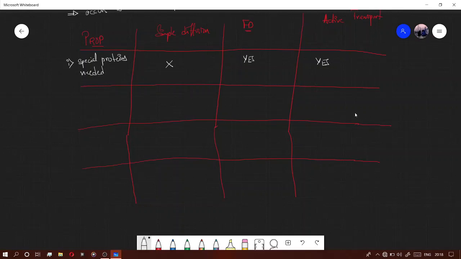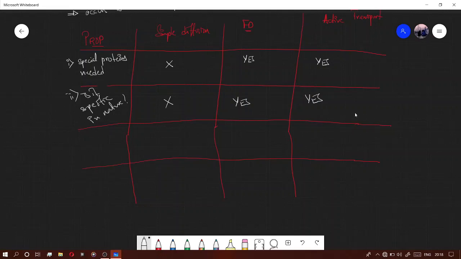Okay, so the second criterion we will go with is: is it specific in nature? This is a question. The answer will be no, yes, and yes, it is specific in nature.